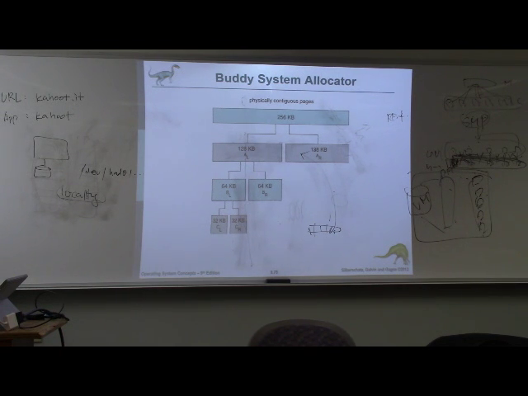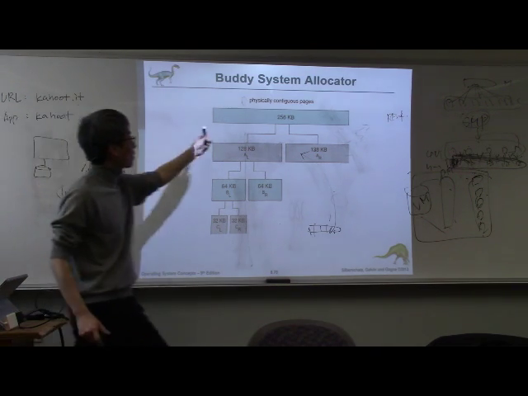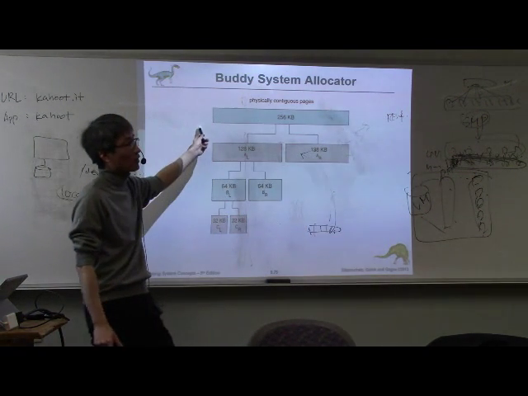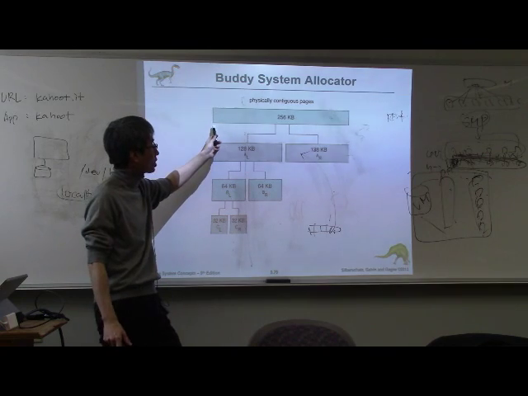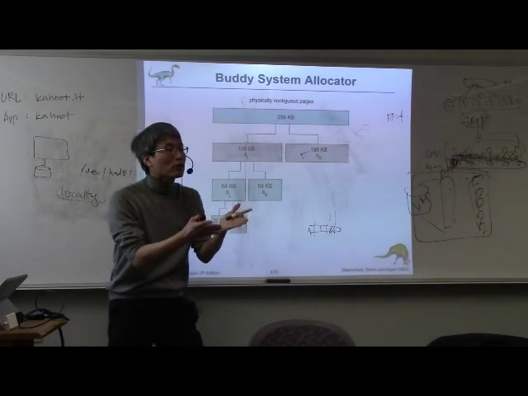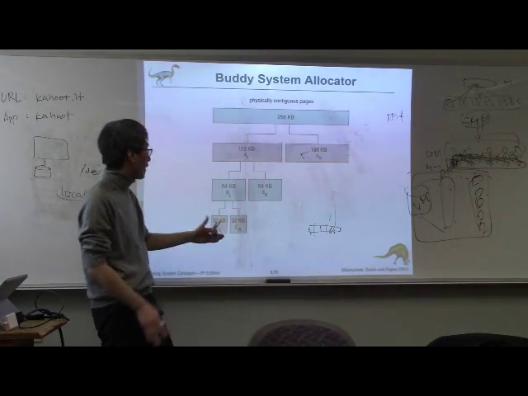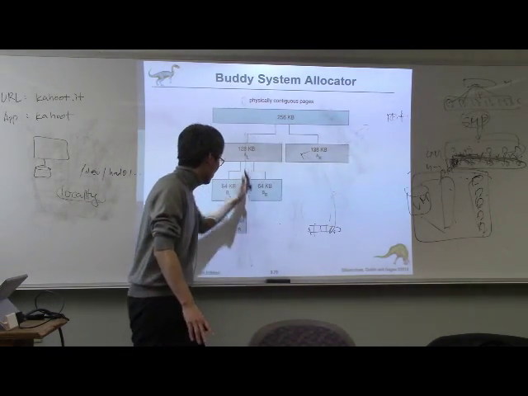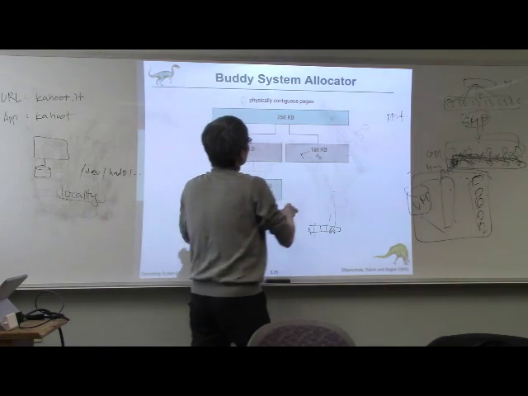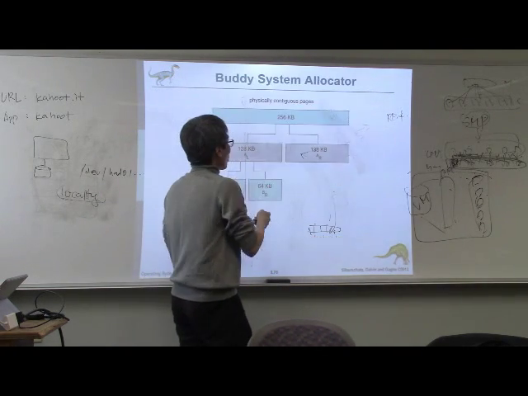Several other algorithms, for example the buddy system allocator. This is the beginning part, 256 is allocated to the kernel operating system. Then if we need a smaller size, because it's a contiguous part without considering pages, it can be divided into two. Because of that, it's called the power of two allocator.